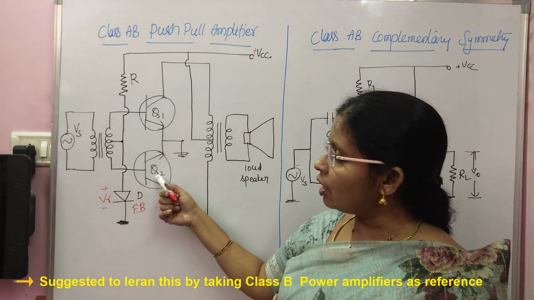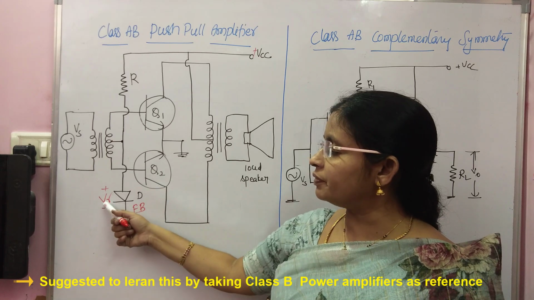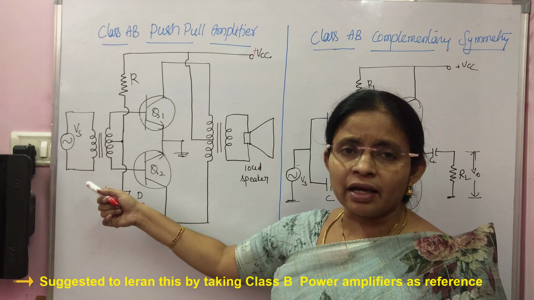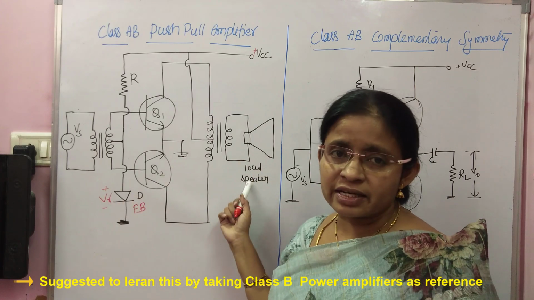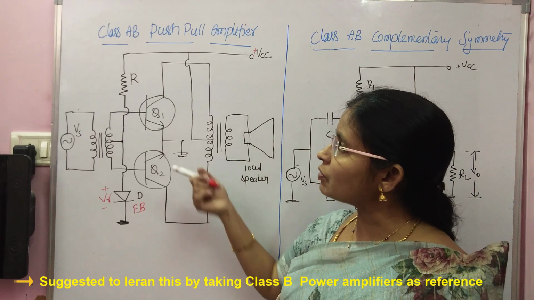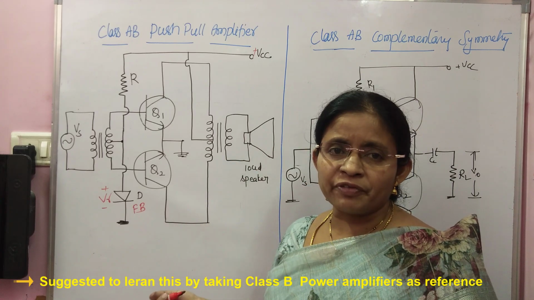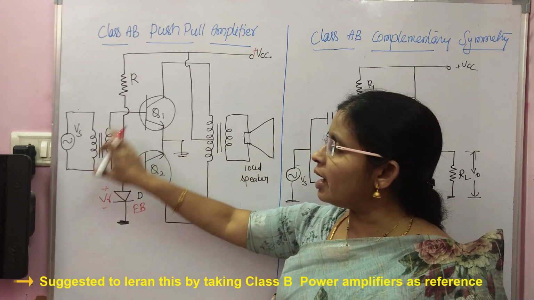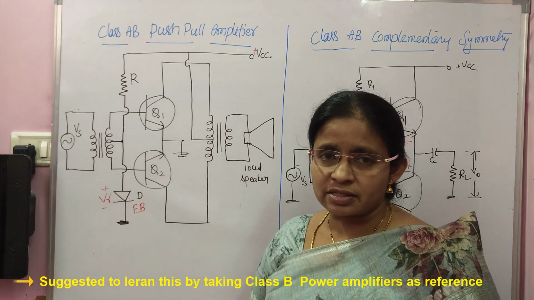Q2 is already in conduction state because of this V gamma, so Q2 will send that negative half cycle to the output as it is without any distortion. So this is about the class AB push-pull amplifier. We are just maintaining V gamma initially at the bases of the two transistors.